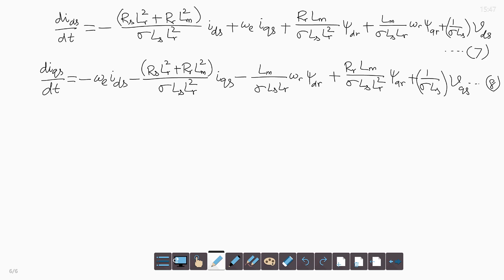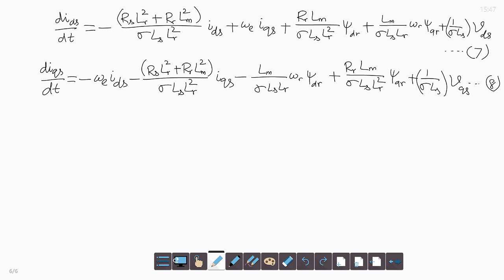These equations 5, 6, 7, 8 can be derived from the original voltage equations 1, 2, 3, 4, using flux linkage expressions and adjusting the variables and manipulating the equations.